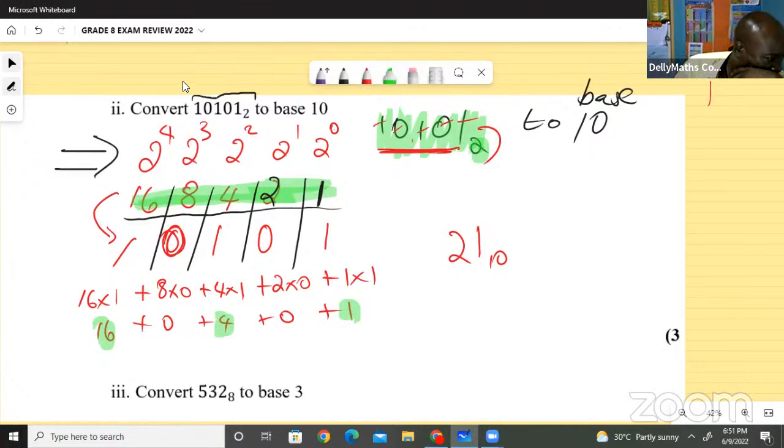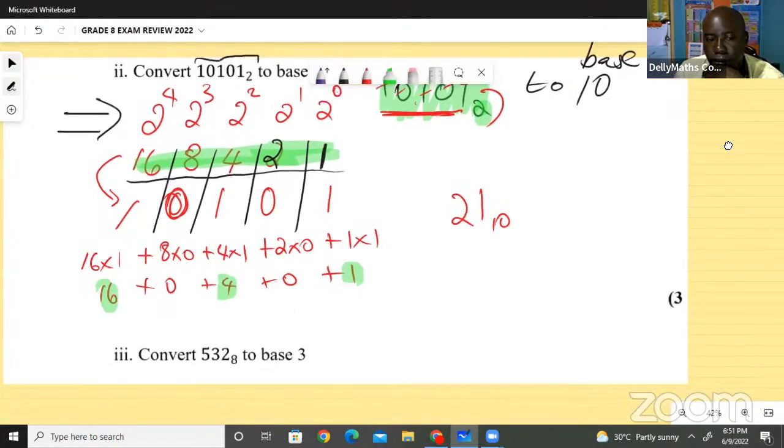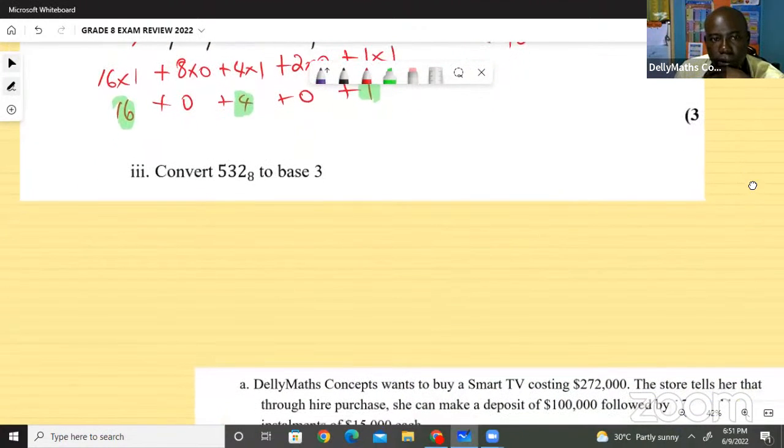All right, let's check the other one. If you're moving, all right, so this one now, they want you to move from, my bad.